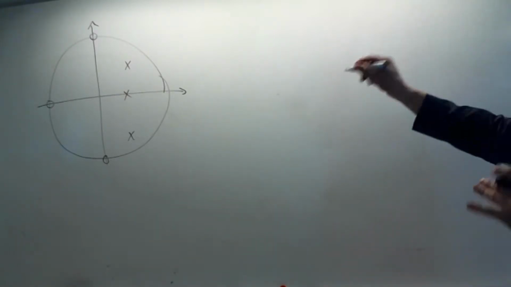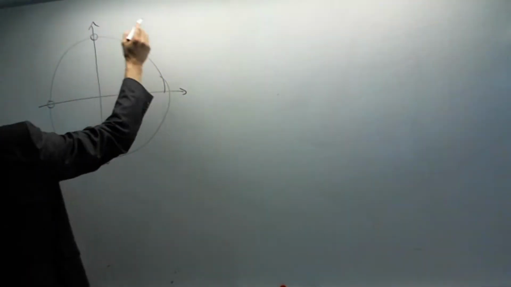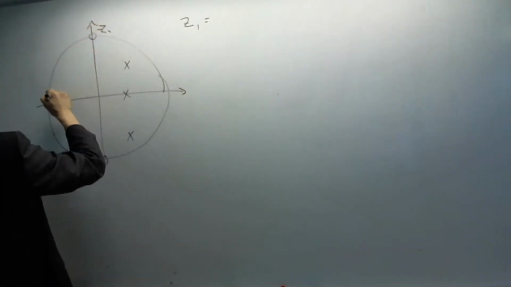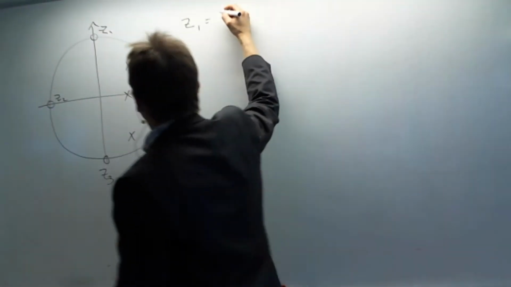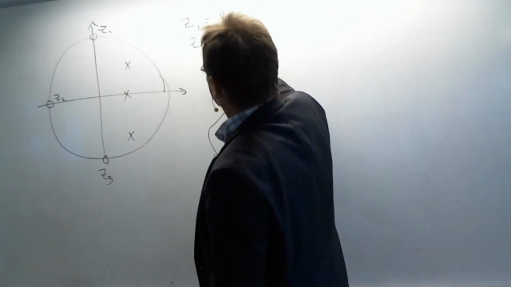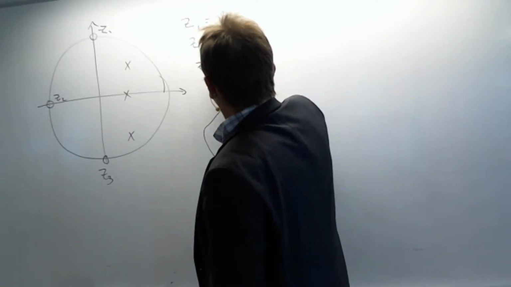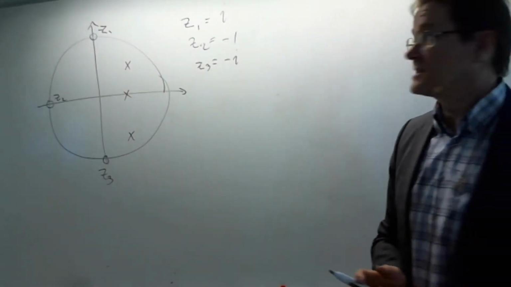All right, so basically how to calculate the system parameters from zeros and poles. Simply, first I need to set up the zeros, Z1, Z2, Z3: Z1 is I, Z2 is -1, and Z3 is -I, or J, whatever, it's the same thing.